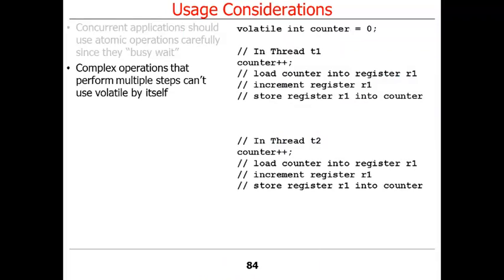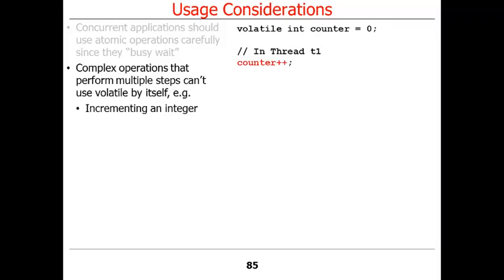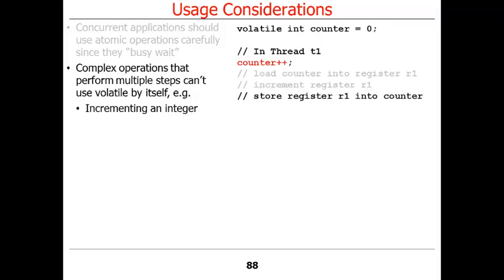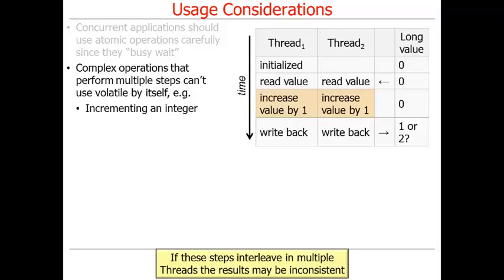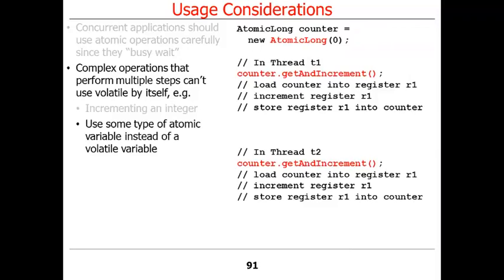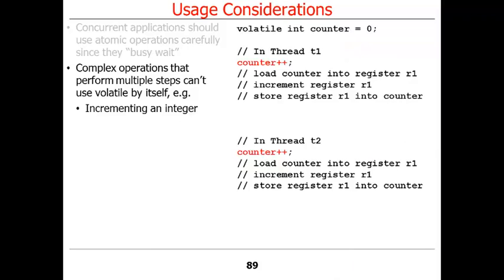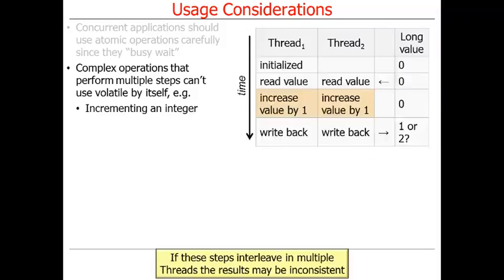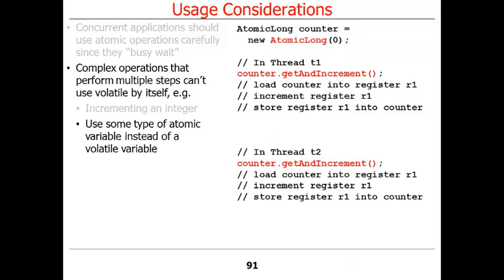Complex operations that perform multiple steps can't use volatile by itself. Here's the example, the counter we saw before, because those are actually multiple instructions. Incrementing takes several steps, and we saw before that's going to cause problems. So instead of using a naked volatile, which is not good, use something like an atomic long or an atomic integer.